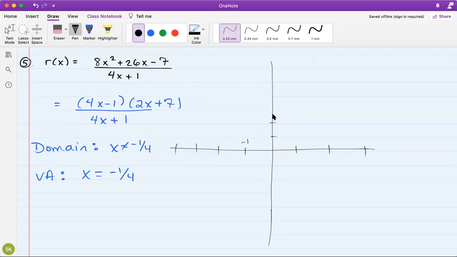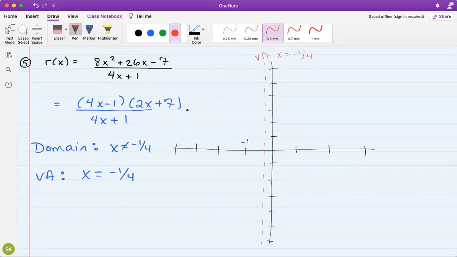So maybe something like this. Okay, so negative 1/4, that's about 1/4 of the way here. So let's say right here. So we just draw a dotted line, and that is our vertical asymptote. X is equal to negative 1/4.